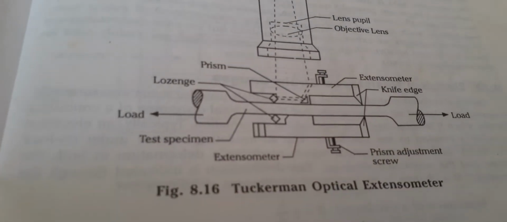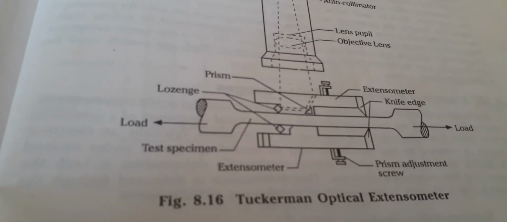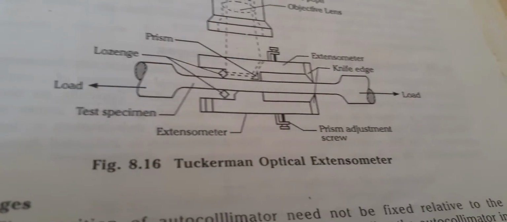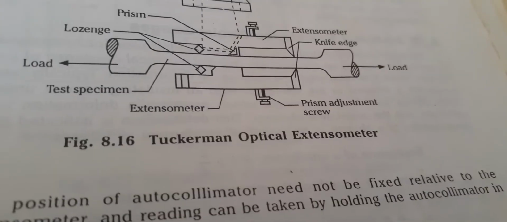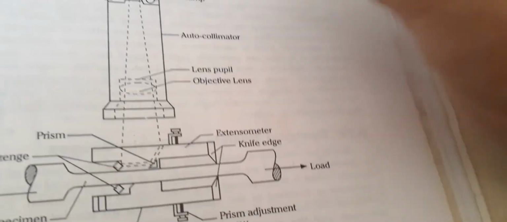The function of the autocollimator is to receive back the reflected light beam from the lozenge.